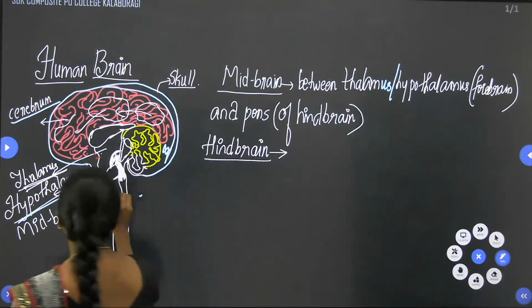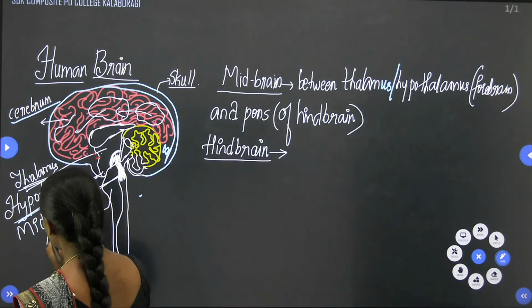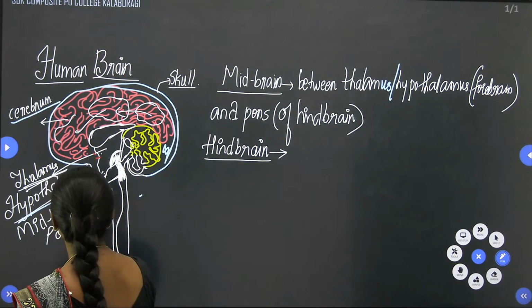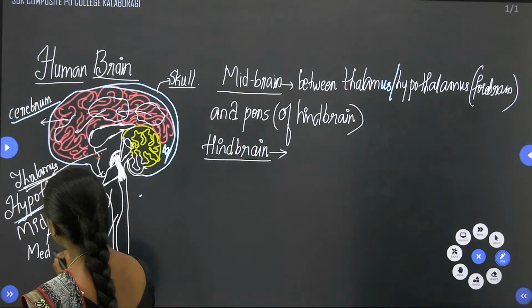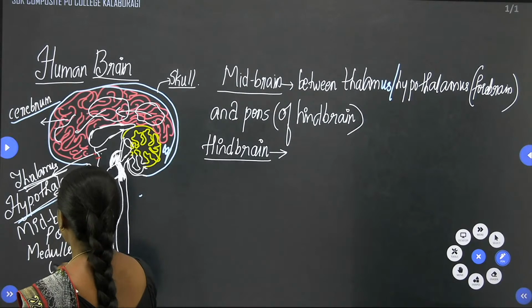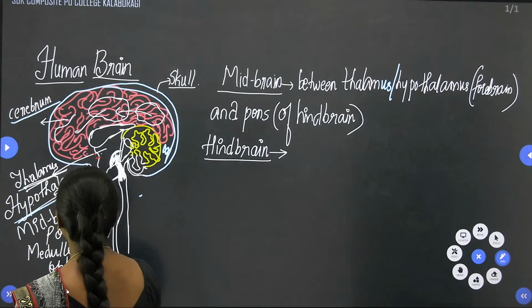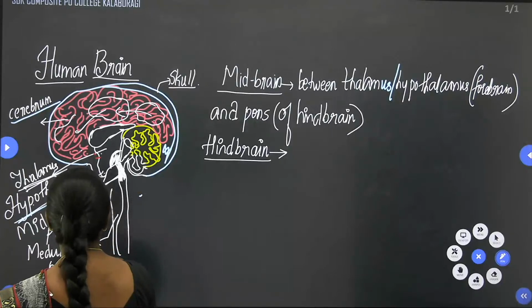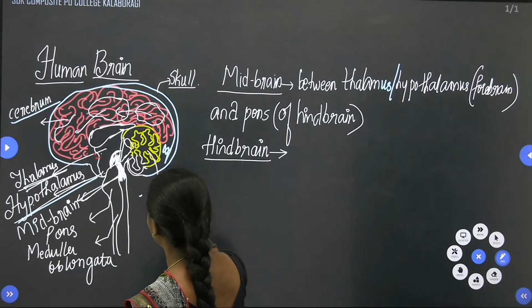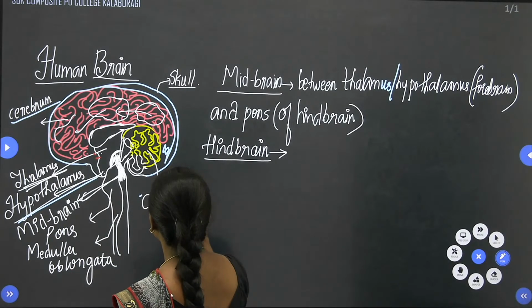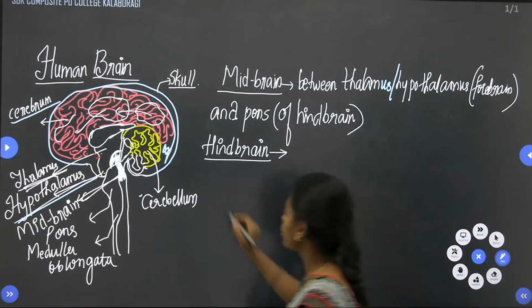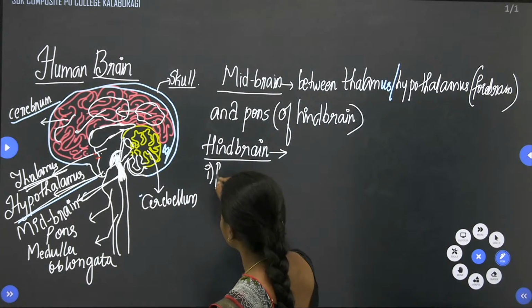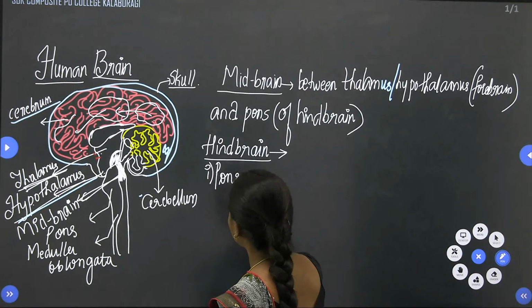One is the bulged portion called pons, medulla oblongata, and another convoluted region called cerebellum. So three structures we can observe in the hindbrain. The first part of the hindbrain is pons, the bulged portion.